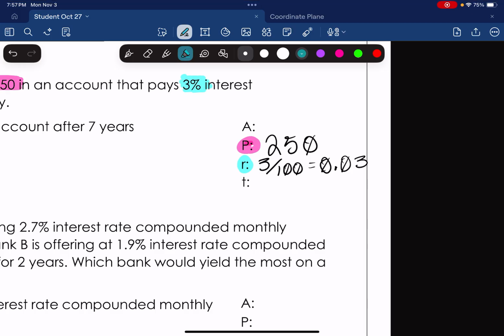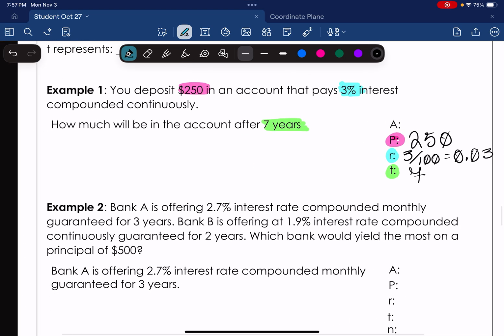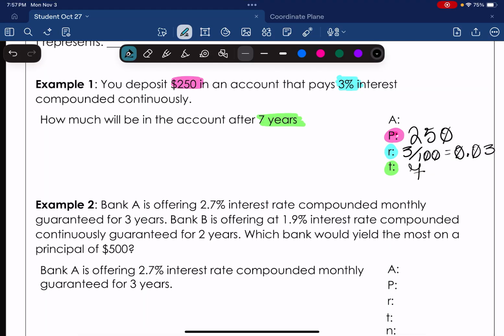I can see just right here from the corner, after 7 years. So time is 7. Now, it is compounded continuously. That's our key thing right there. That's telling me to use E.